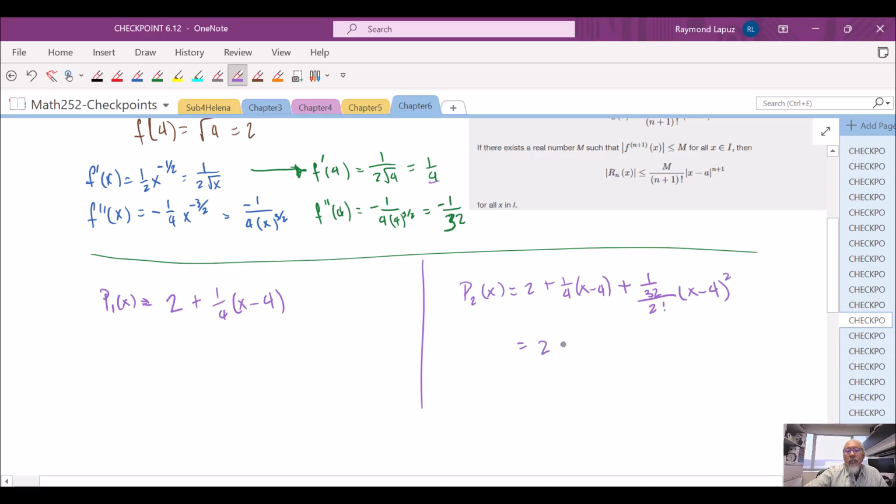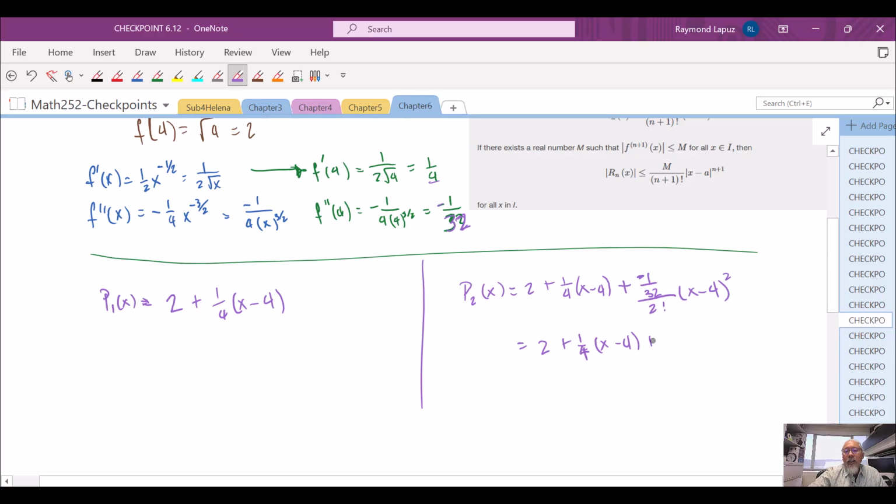So let's rewrite this whole thing. This is 2 plus 1/4 x minus 4. I believe this is also a negative, so let's not forget the negative sign there. And this is a 32, not 3 squared.